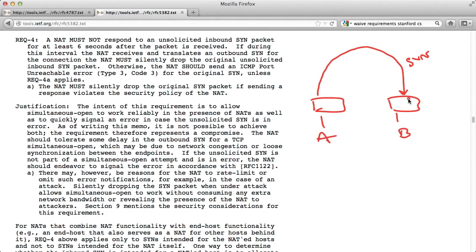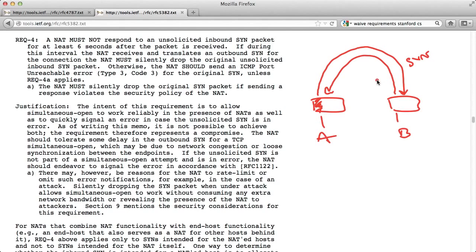So if B's NAT responds to this unsolicited inbound SYN by saying, sorry, connection refused, or by sending an ICMP error, or whatever it wants to do depending on the circumstances, the problem is that this might come back to the NAT and cause the NAT to tear down the state.